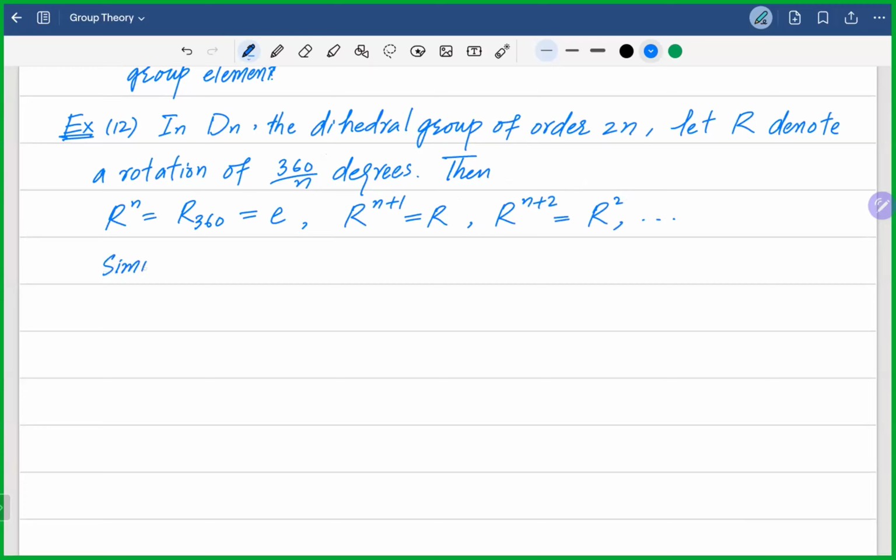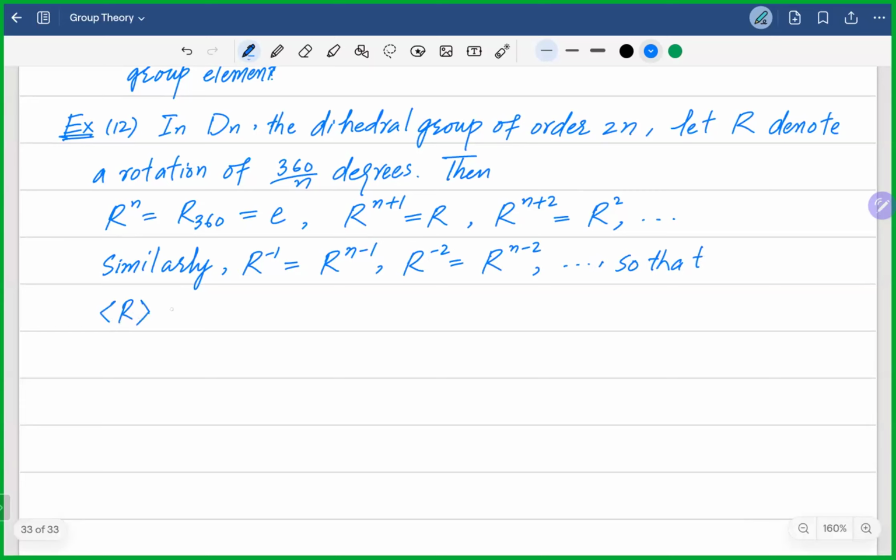Similarly, R power minus 1 is R power n minus 1, R power minus 2 is R power n minus 2, and so on. So R generates the set which has E, R, up to R power n minus 1.